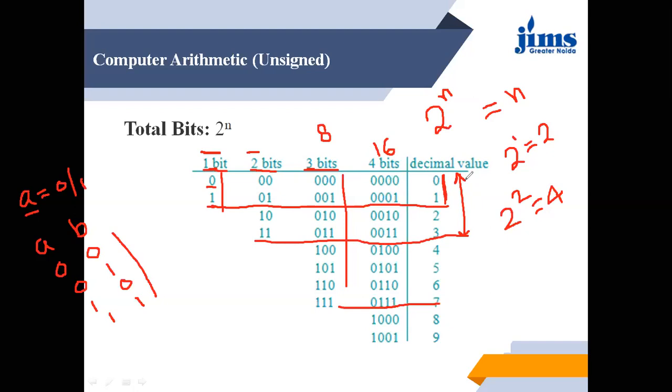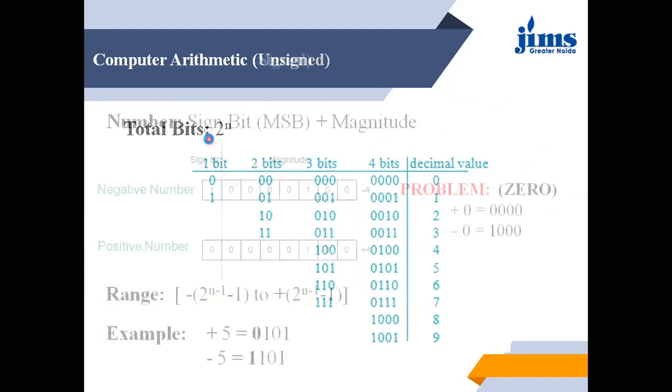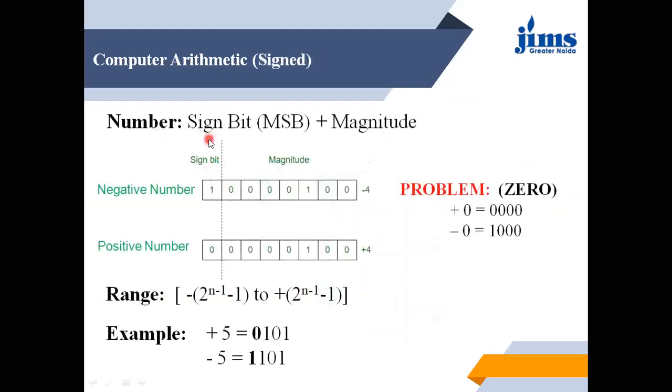Maximum number of representations can be found by using 2 raised to the power n, where n is the number of total bits. Now, this is sign magnitude form.